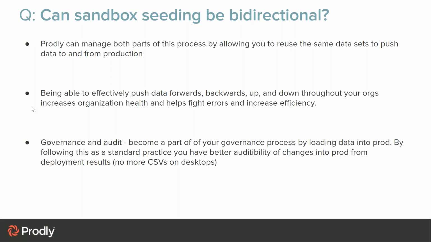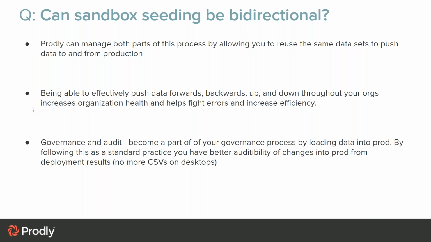Also along those lines, audit is a nice word that we like to use here, because when you do things this way, especially if you're doing it with Prodly, you have access to audit history. You want to make this part of your governance process in general, because you're eliminating the ability to make erroneous data pushes into prod and making sure that production is not going to be affected and your day-to-day is not going to be affected.